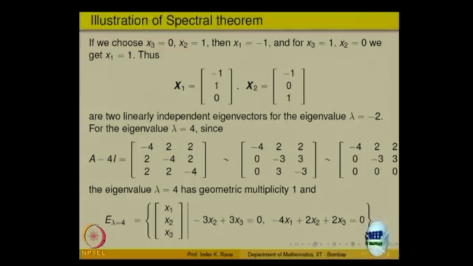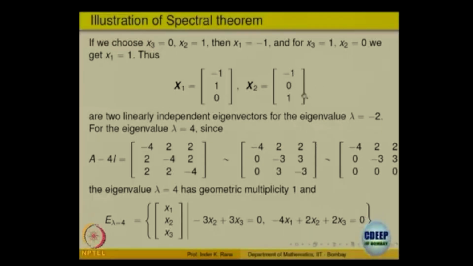You compute accordingly the other component, that is minus 1 and minus 1. So these are the 2 eigenvectors corresponding to the eigenvalue lambda equal to minus 2, right, and these are linearly independent by our choice of x2 and x3.